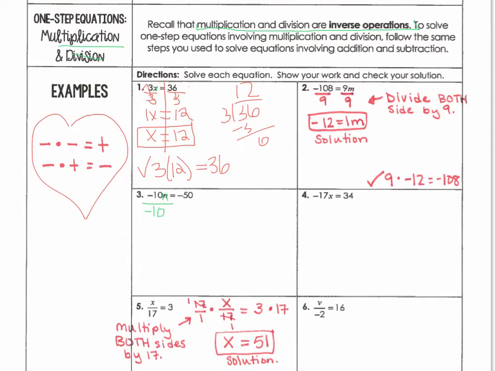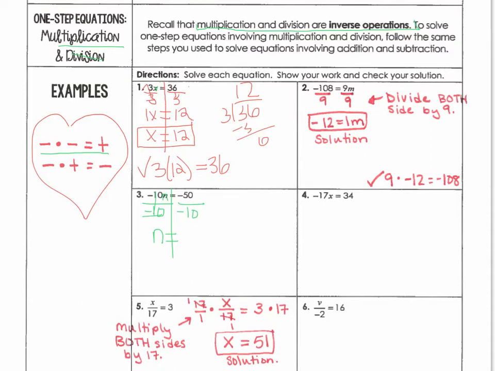Whatever I do to one side of the equation, I have to do to the other. So I have to divide by negative 10 on both sides of the equal sign. A negative divided by a negative, same rules as multiplying, would be a positive 1. So we have isolated our variable, and that's what we want to do.